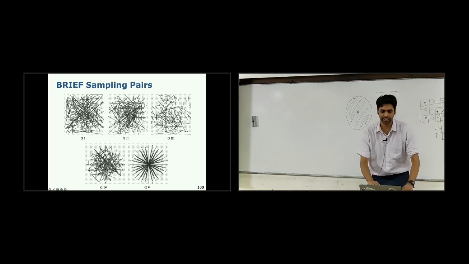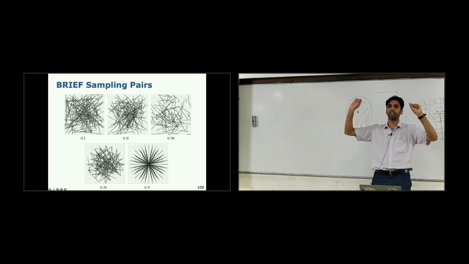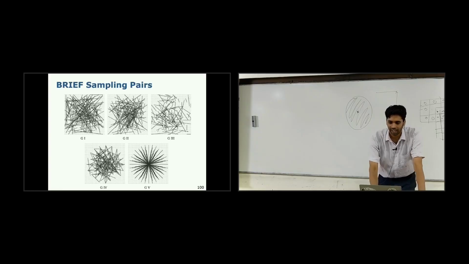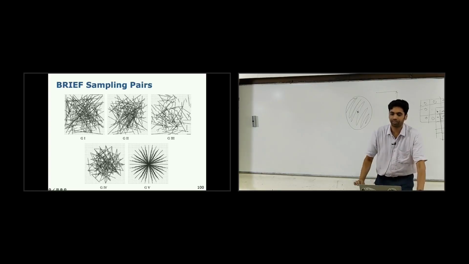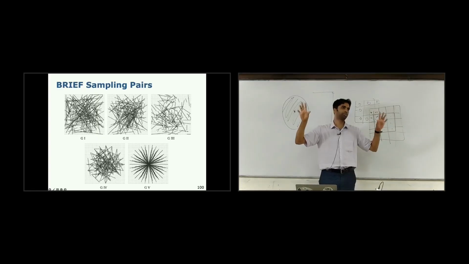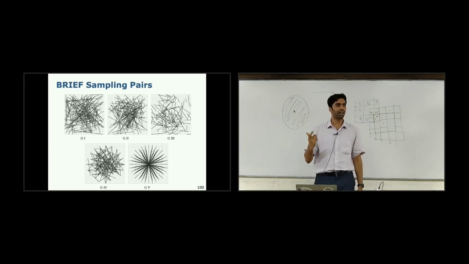What's happening there is that a line corresponds to one start point and one end point, so each line corresponds to one pair for which a 1 or a 0 is computed. The first one is uniformly randomly sampled. You take the image, maybe a 100 by 100 image, uniformly randomly sample locations, and then make the test amongst these randomly sampled pairs.